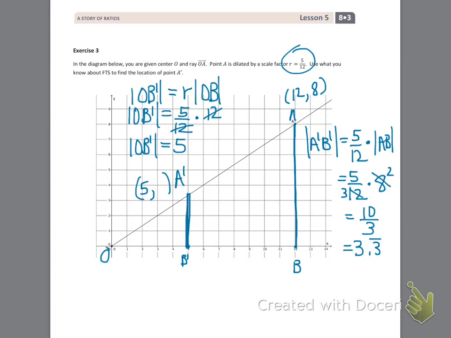Let's check by our graph and see if that makes sense. Our y coordinate is just a little bit above 3 on our graph, so it's 1, 2, 3, and a little bit, 3.3. So I can put in my y coordinate over here of approximately 3.3.